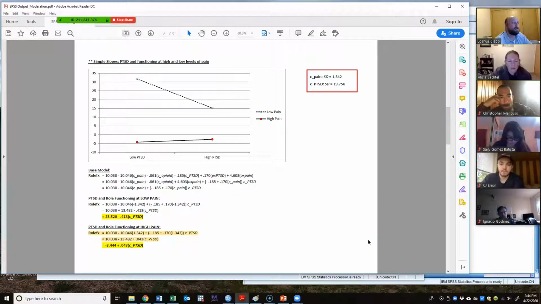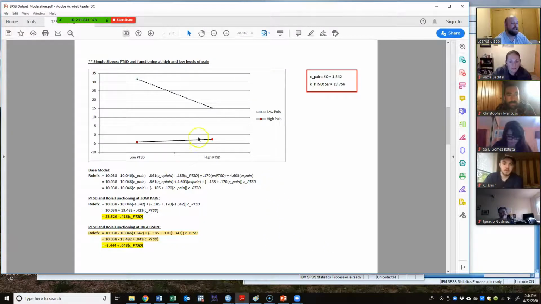It might be that at the low levels of pain, the PTSD is more pronounced, versus if people are already at a higher level of pain and a higher level of PTSD, then it all just kind of jumbles together. Okay, I think you're kind of on the right track here.